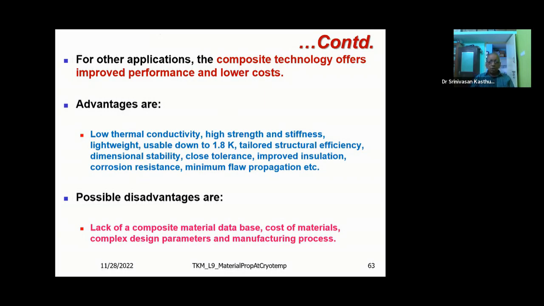In other applications, composite technology offers improved performance, sometimes even at a lower cost. The main advantage of composite material would be low thermal conductivity, high strength, stiffness, lightweight, usable down to 1.8 Kelvin, tailored structural efficiency, dimensional stability, close tolerance, improved insulation, corrosion resistance, and minimum flaw propagation, etc. But the disadvantage will be the lack of composite material database, cost of materials.